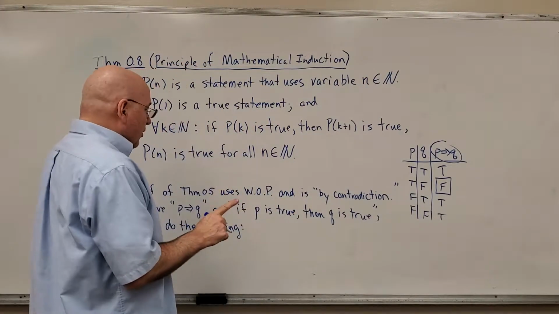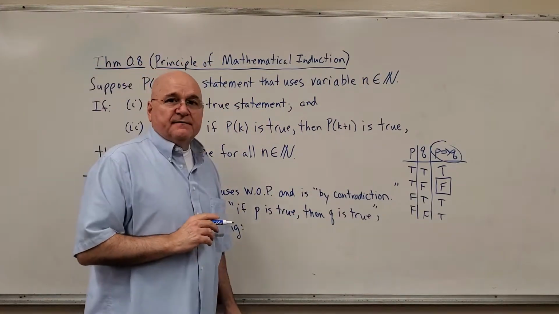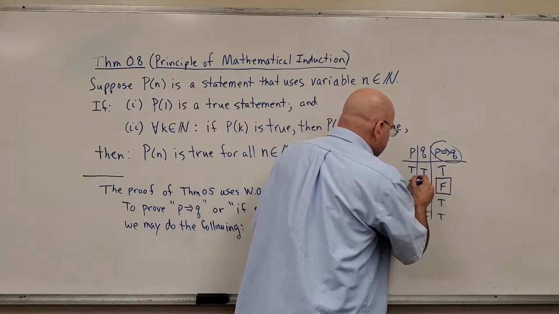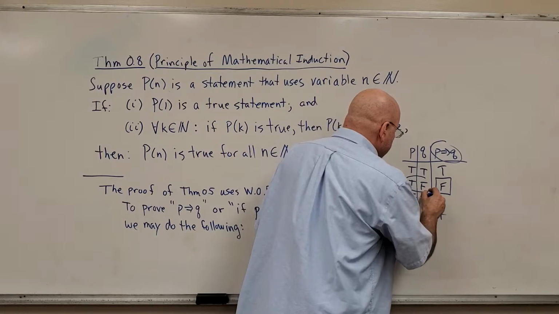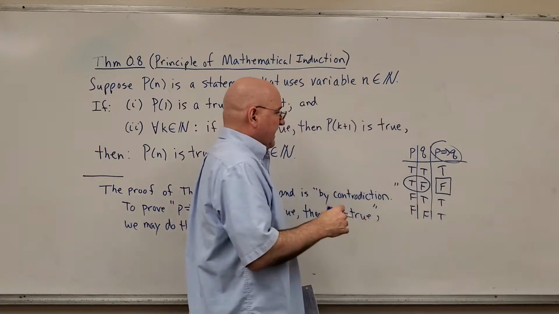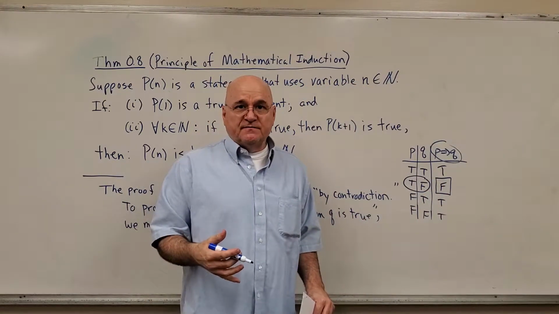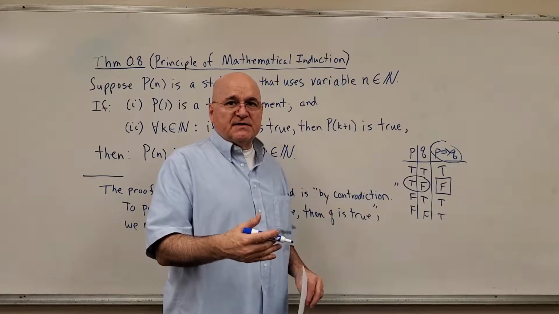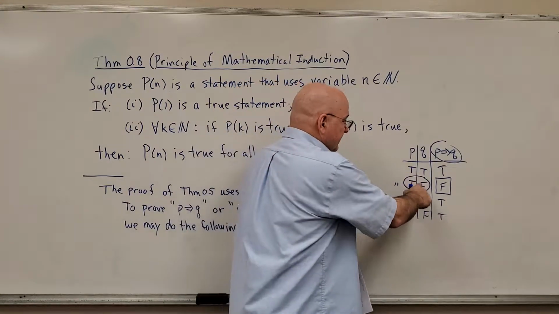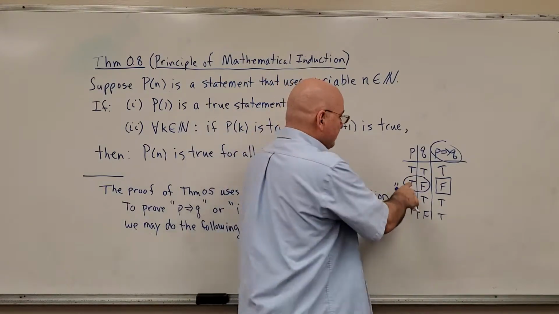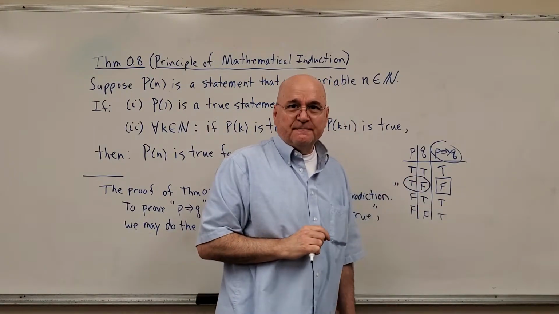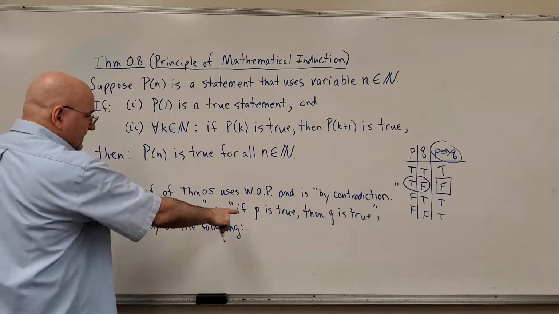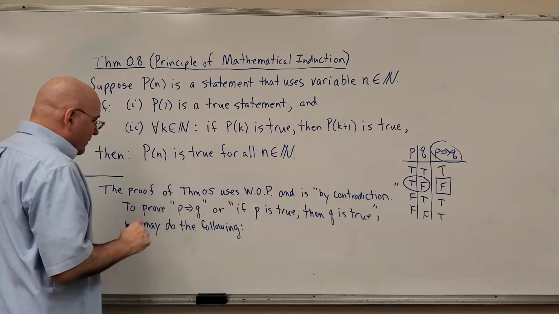All right, so the proof by contradiction, what we're going to do is say, suppose this is the case, and we derive a contradiction, which tells us that this is impossible. It's impossible for this to be true and that to be false. To prove if P is true, then Q is true, we may do the following.